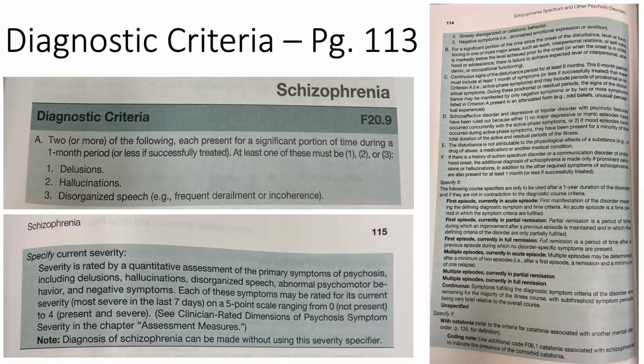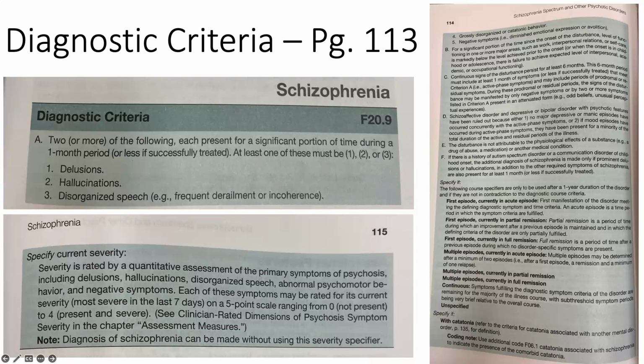So if you flip to page 113 in your DSM to follow along, I've copied over the picture of the diagnostic criteria for schizophrenia. We'll review schizophrenia, and at the very top of page 113, you'll see the name of the disorder. You'll see the ICD-10-CM code of F20.9, and then you'll see a list of criteria. As you read through each criterion, you'll notice that for Part A, at least two of the A symptoms must be present for at least 1 month or longer.